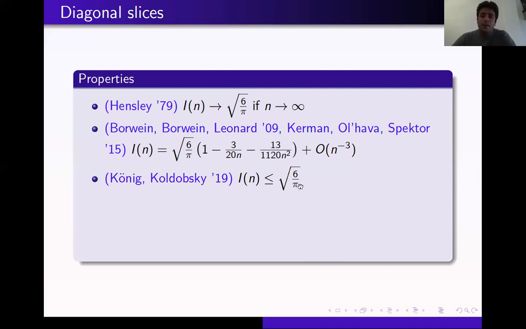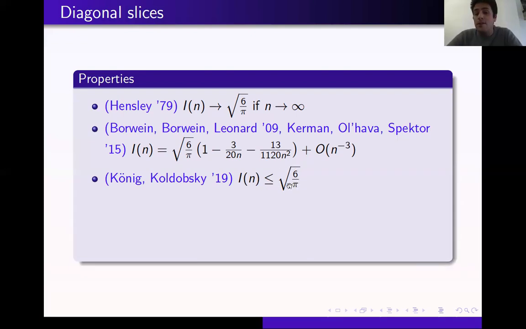Other properties were proven much more recently by König and Koldobsky in 2019. In a very nice paper, they showed, besides other things, that if n is greater or equal to 3, then the value of this sequence is bounded above by √6/pi.